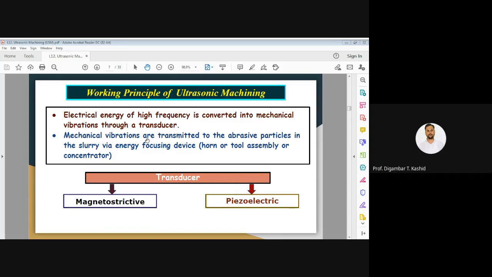In the third mode of erosion, what will happen? Small-scale fracture will be there by exciting the abrasive particle. So erosion will take place. So this is the working principle.